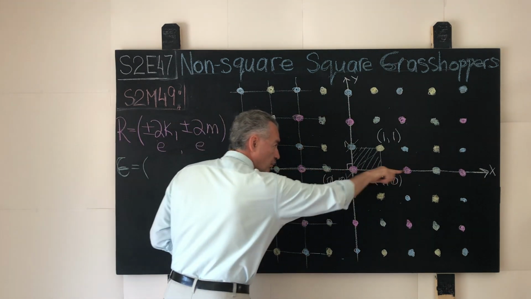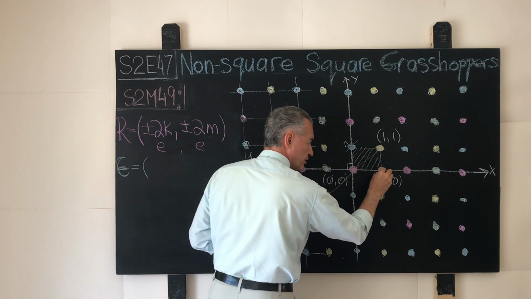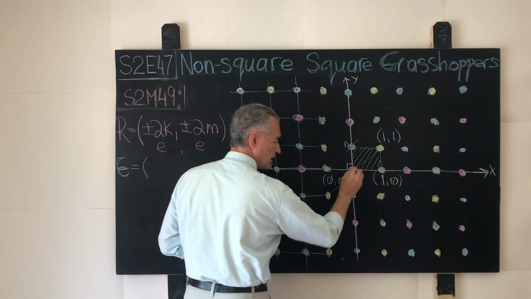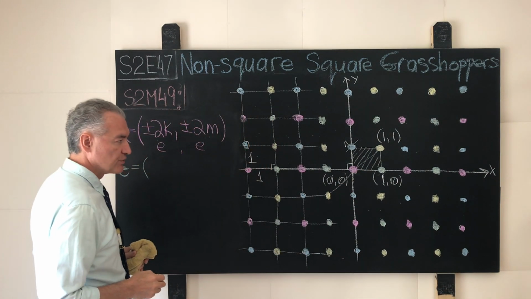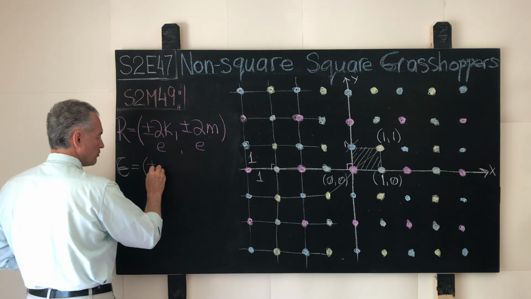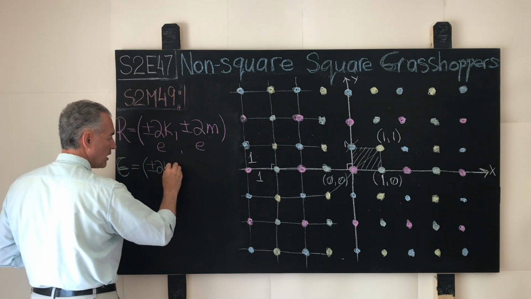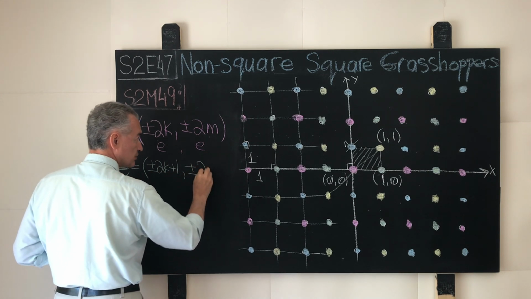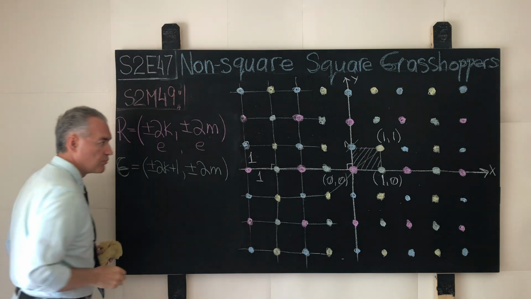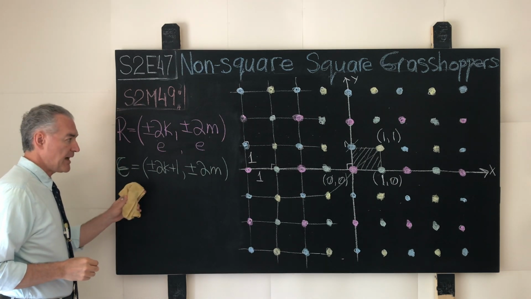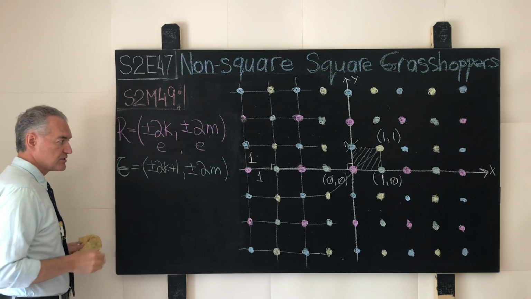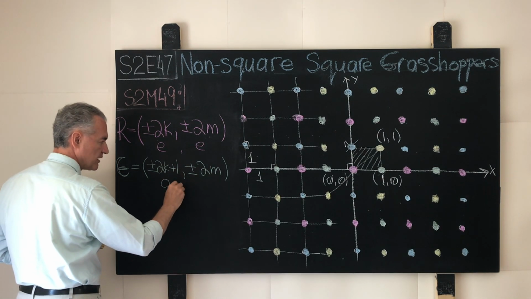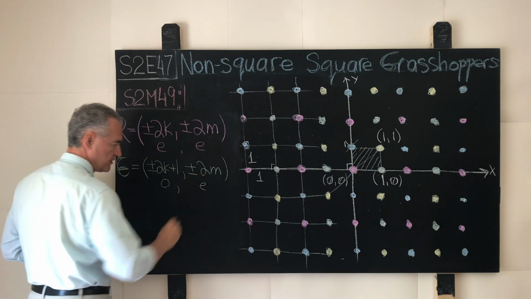But the x component, the horizontal displacement of all the green points, is technically off by 1 with respect to the red points. So how would we capture this? Plus minus 2k plus 1 for the x components, plus minus 2m for the y components. And if we were to assign parities to these numbers, this will be O for odd, and this will be E for even.